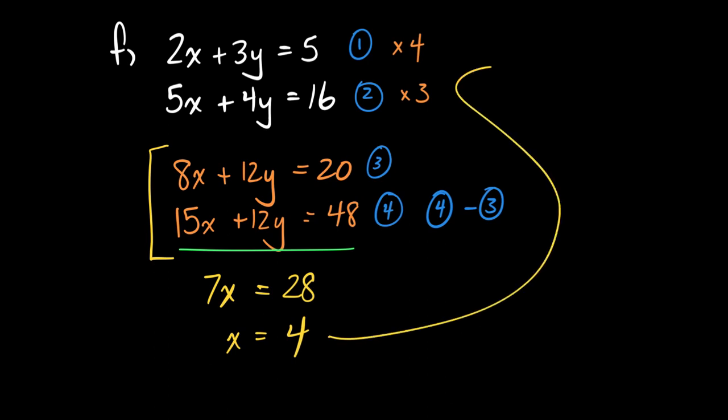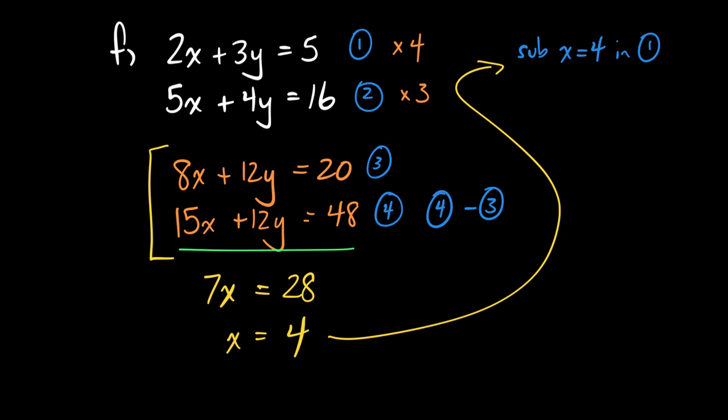Okay, I'm going to wrap my solution around because now I need to sub x equals 4 back into, as I stated previously, one of your originals because you know those things are true. So I'm going to sub it back into equation 1 because equation 1 just has smaller numbers.